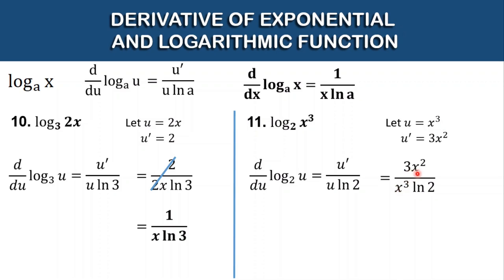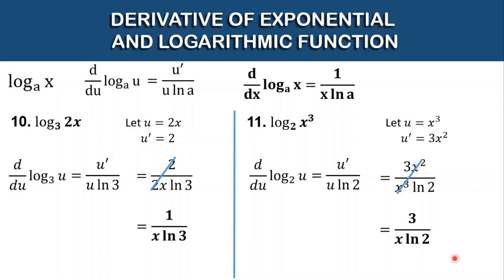So we have 3x squared over x cubed times ln 2. So dito pwede nating i-cancel yung x squared tsaka yung x cubed. Since tatlo yung x natin sa baba, dalawa lang yung sa taas, may matitira tayong isa sa ibaba. So our final answer here is 3 over x times ln 2.